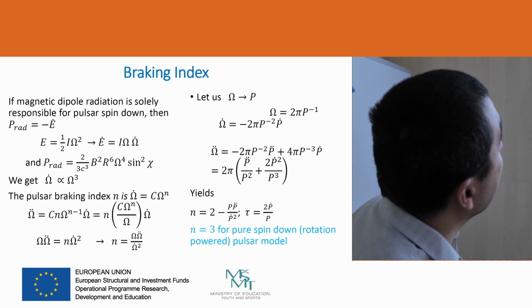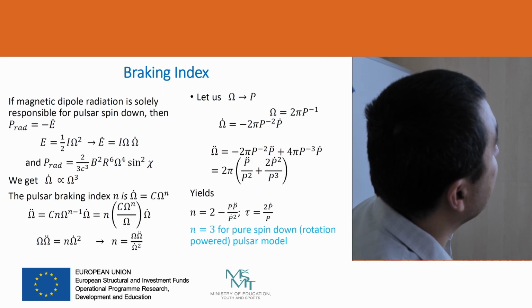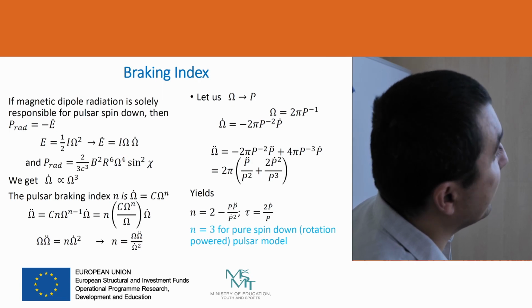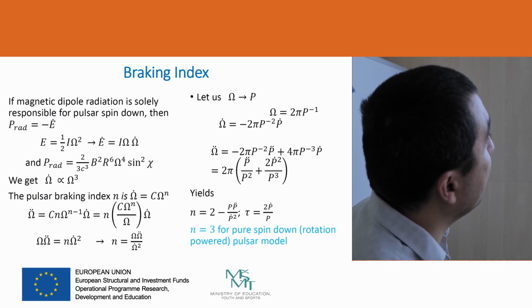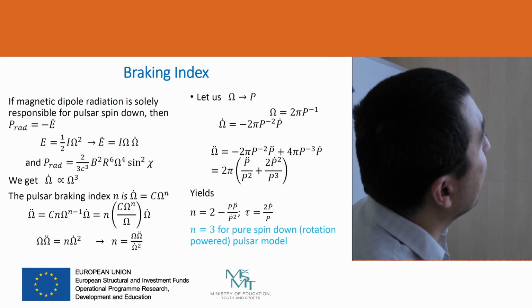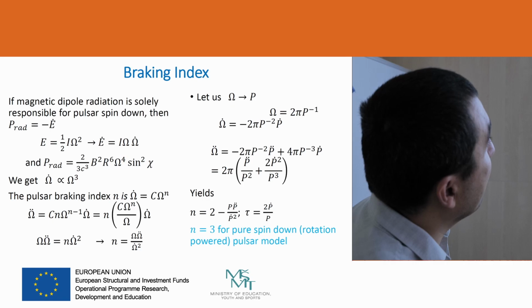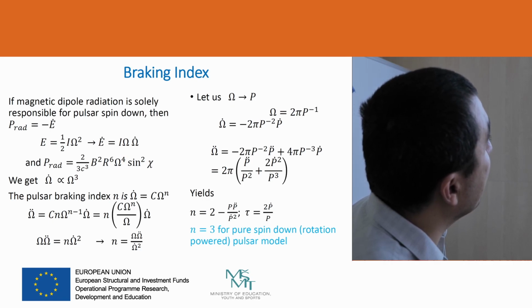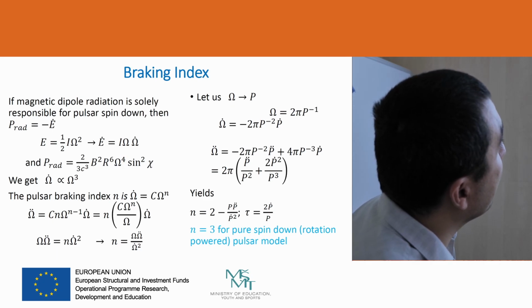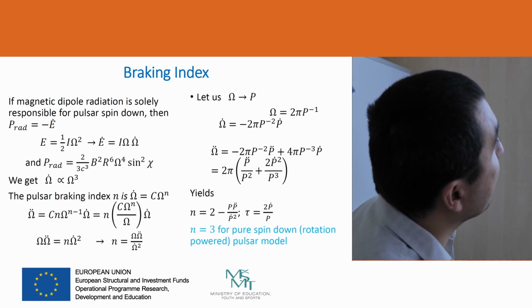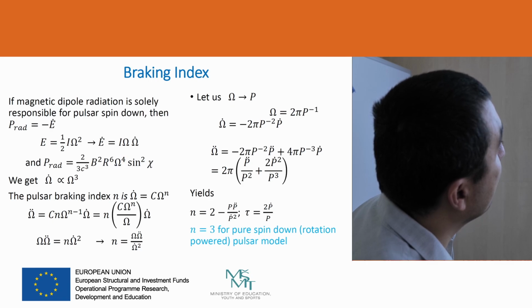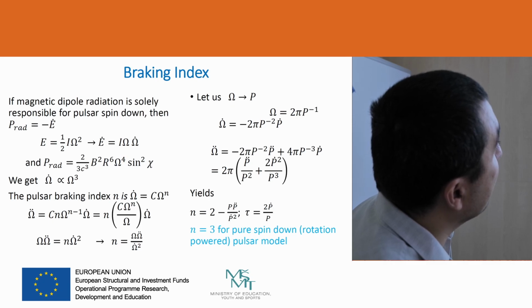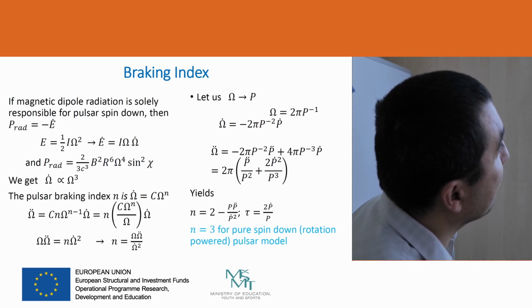On the other hand, we calculate the dipolar radiation in this form, and here we can compare these results. We get omega dot proportional to omega cubed for rotation-powered pulsars. It means that this cube, this 3, we can change for a number n. It is the index, the breaking index.